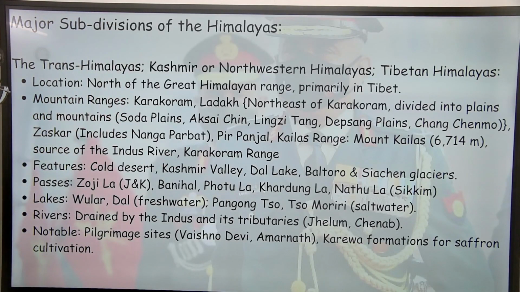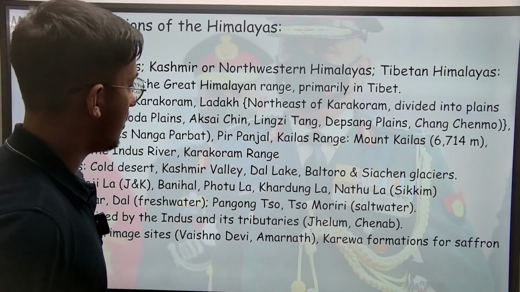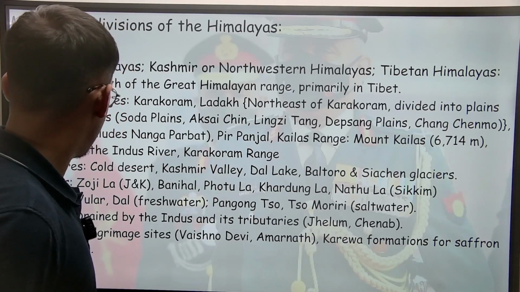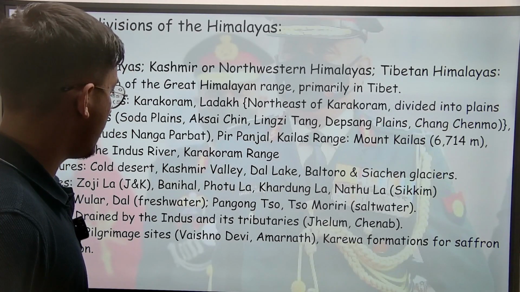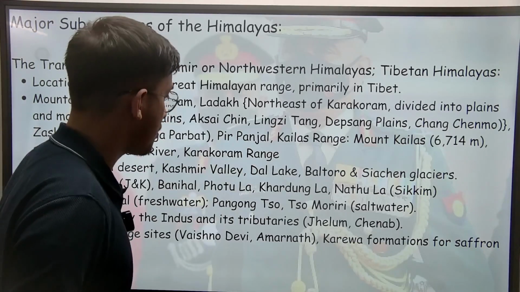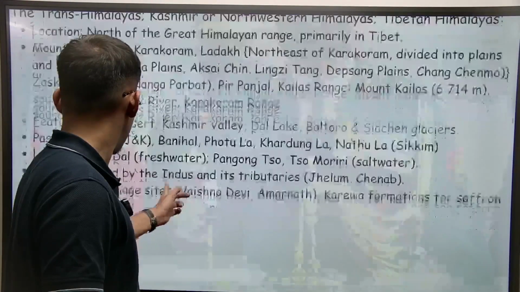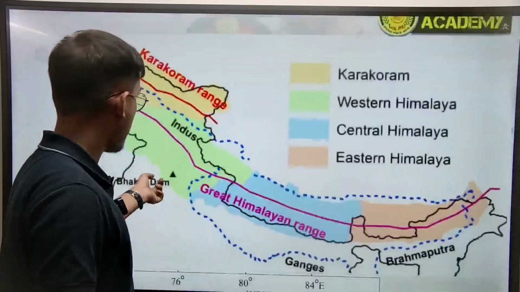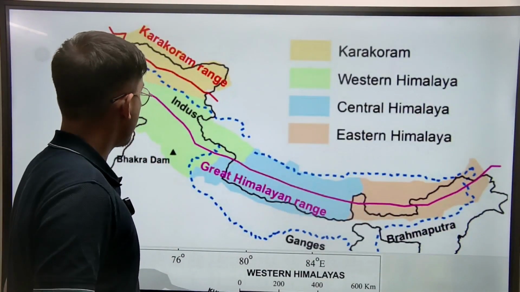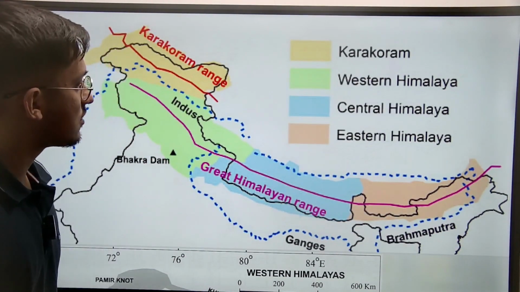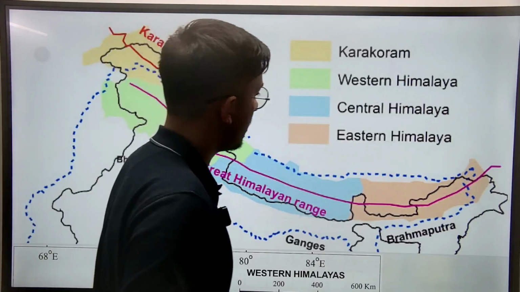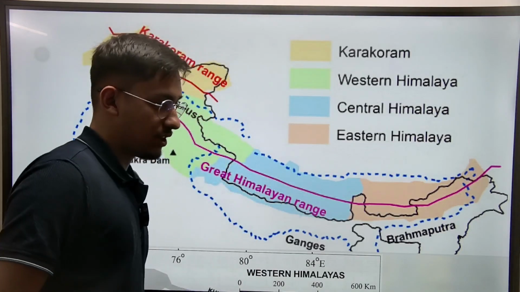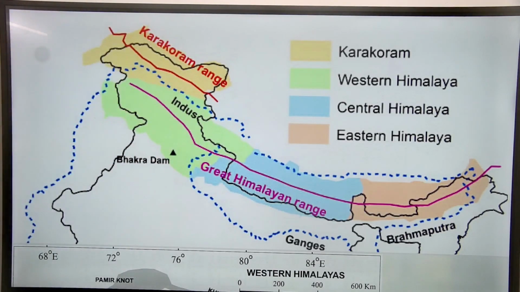Rivers are drained by the Indus and its tributaries such as Jhelum and Chenab. Notable pilgrimage sites such as Vaishno Devi, Amarnath, and Karewa formations for saffron cultivation. In this diagram, you can see the Karakoram range, the Western Himalaya, the Central Himalaya, the Eastern Himalaya. Just have a look at the diagram.